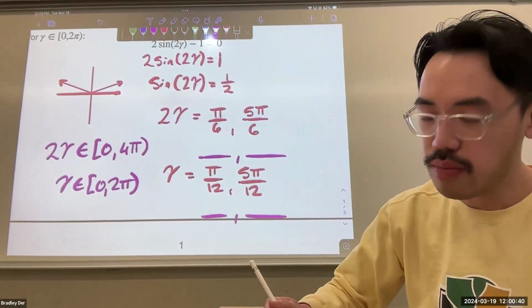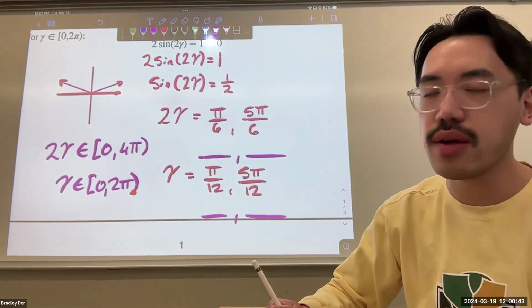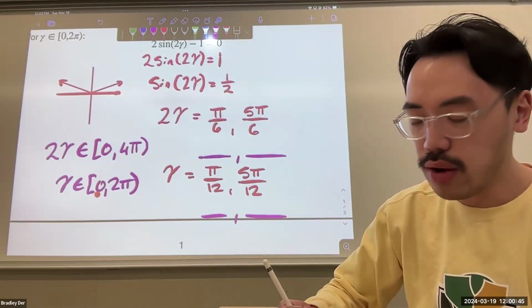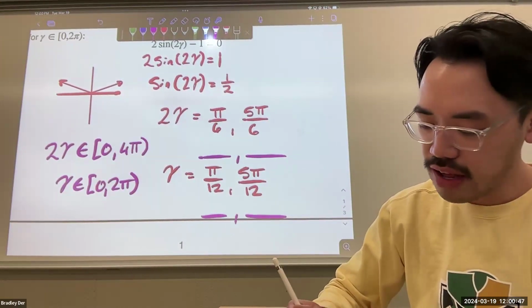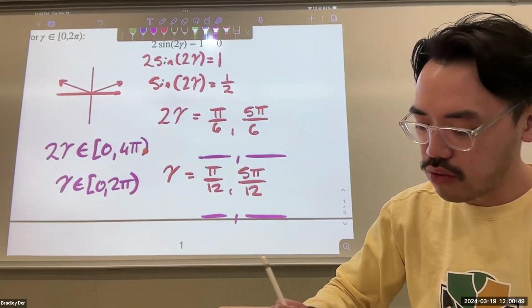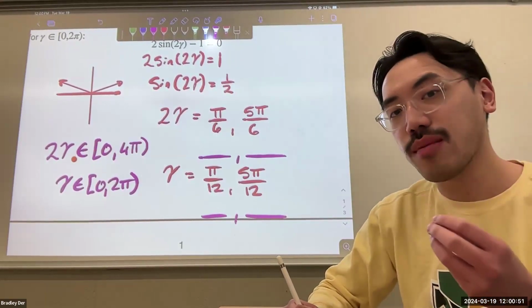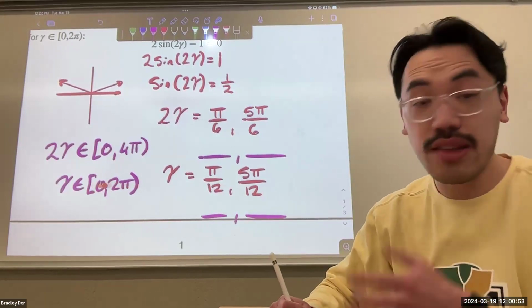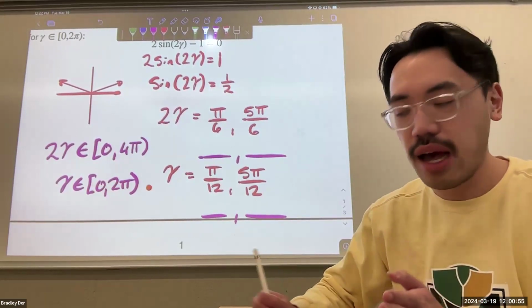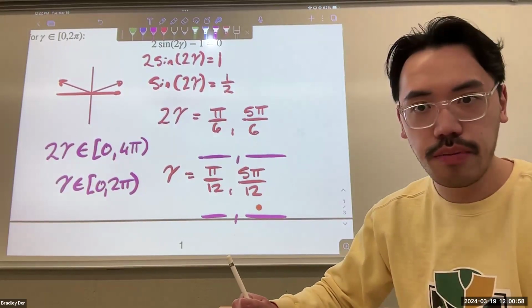If I was to divide 4 pi by 2, I would get 2 pi. If I was to divide 0 by 2, I would get 0. So by setting up 2 gamma to be between 0 and 4 pi, then when we divide everything by 2, I've actually already basically checked everything between 0 and 2 pi. I'll just divide the numbers by 2.